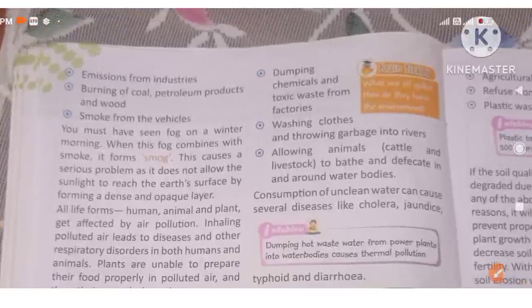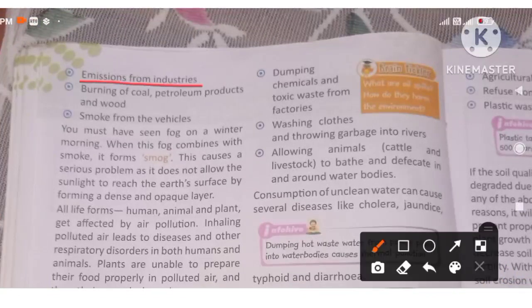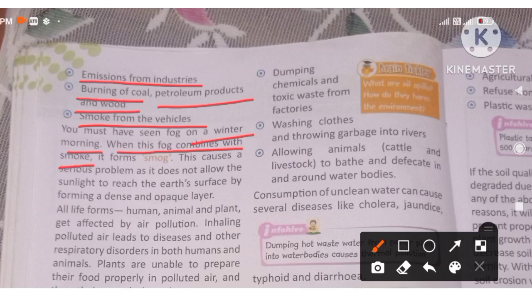Next point, emissions from industries. The smoke or residue coming out of industries is called emissions. Burning of coal, petroleum products and wood, smoke from vehicles. Now you must have seen fog on a winter morning. When this fog combines with smoke, it forms smog. This causes a serious problem as it does not allow sunlight to reach the earth's surface by forming a dense and opaque layer.